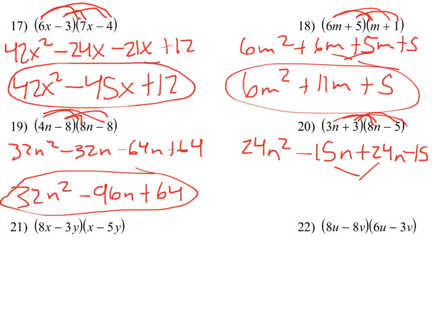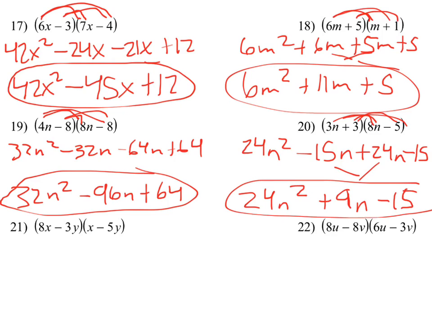Combine the like terms that are in the middle, you'll get 24n squared plus 9n, and then subtract 15 on the end. You'll get this. Moving on to 21, you're going to take 8x and times by both of these.